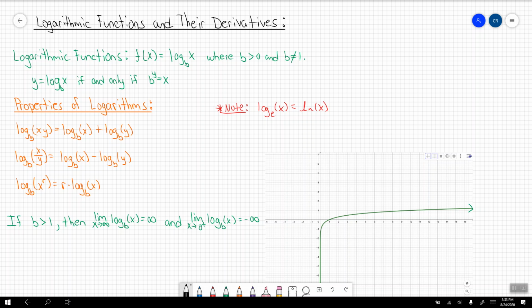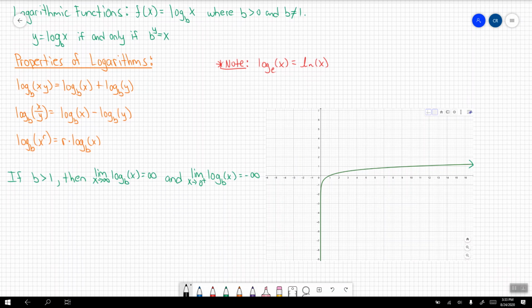Now, for the next part, let's start introducing some calculus to this. If the base is greater than 1, then the limit as x is approaching infinity for logarithm base b of x is going to be infinity. Now, what does this mean for us? Well, if you see on the right-hand side, I have a function here for a logarithm with a certain base that's greater than 1.